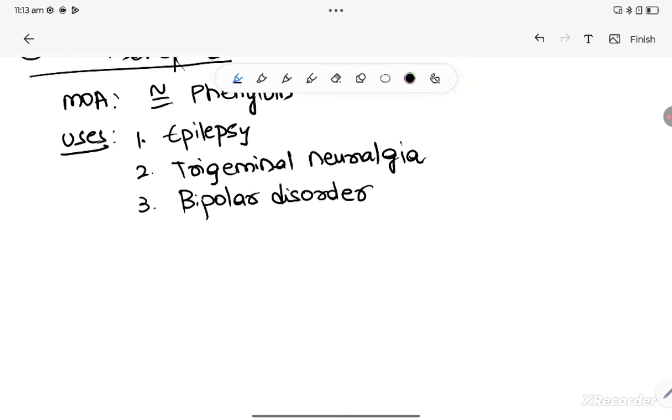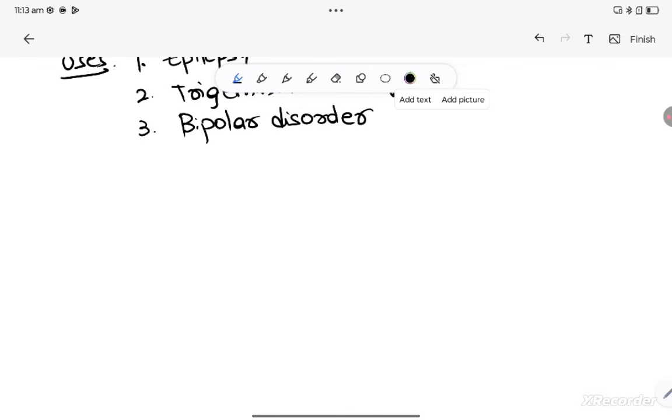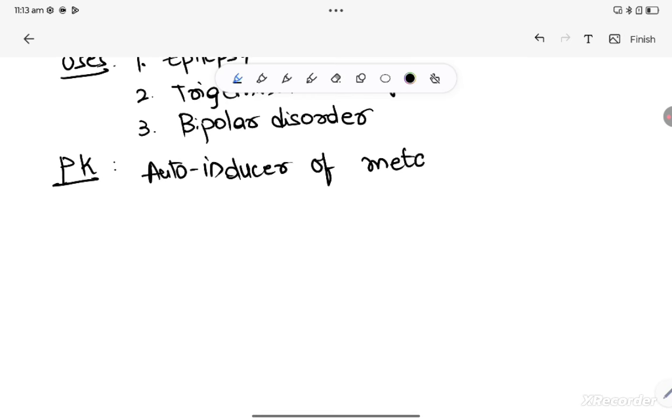Now, the adverse effects. Special pharmacokinetic features. The most important PK feature is it's an auto-inducer of its own metabolism. So, when carbamazepine is used for a prolonged duration, the dose must be increased.